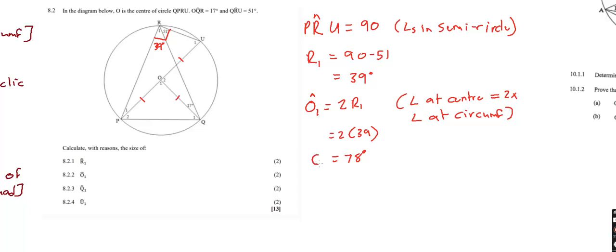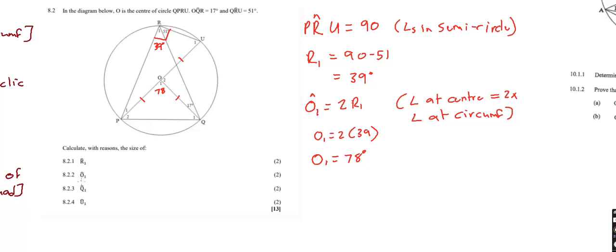So that is our O1. Now that I know O1, it is easy to even find O2 because these are angles on a straight line. That is if we have a reason to find O2.